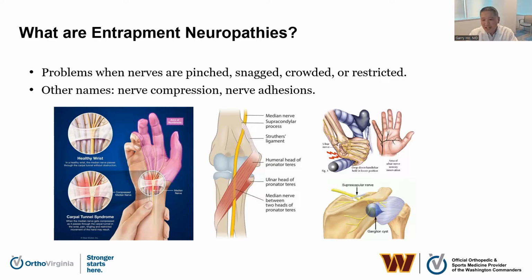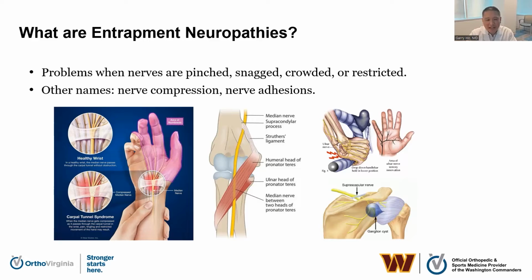And then on the right side, in the upper right-hand corner picture, you can see a scenario where there's a kind of compression that happens on the nerve from an outside influence, an influence from outside the body. In this scenario, we've got the ulnar nerve going into the hand as it traverses the wrist.